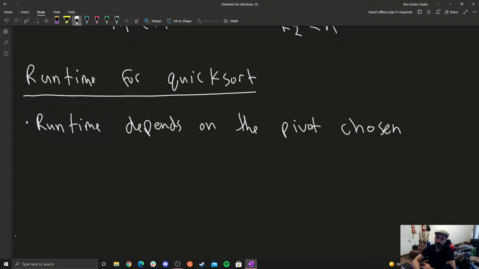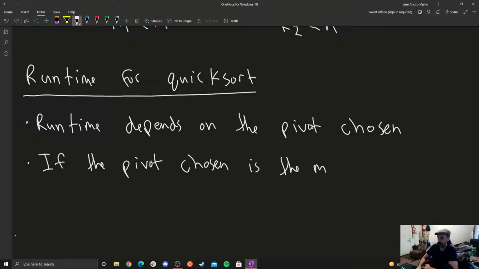Basically, if the pivot chosen is the median of the list, that is our goal whenever we implement quicksort. We want to have the pivot chosen that's the median of the list.